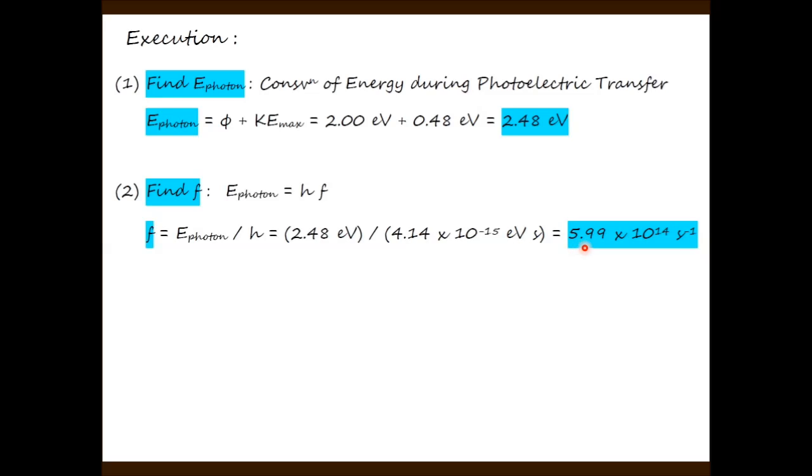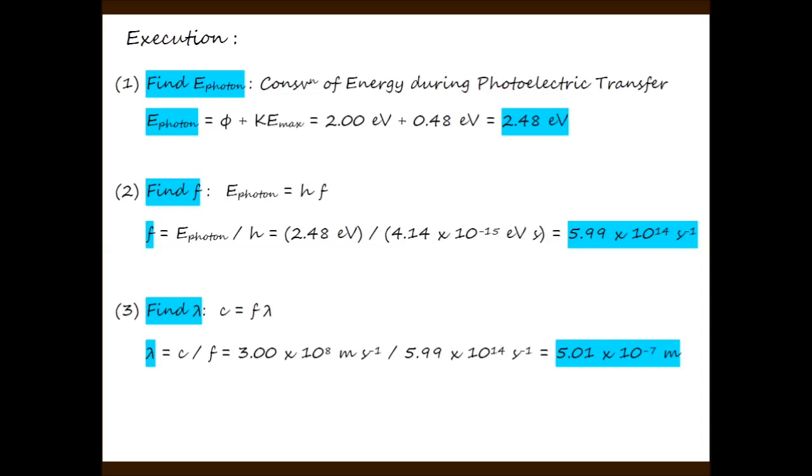Using this, we find that the frequency of the incident light is 5.99 by 10 to the 14 per second. Finally, we use the equation from the wave property of light, that the speed of propagation of light c is equal to the frequency times the wavelength. From this we obtain that the required wavelength is 5.01 by 10 to the minus 7 meters.